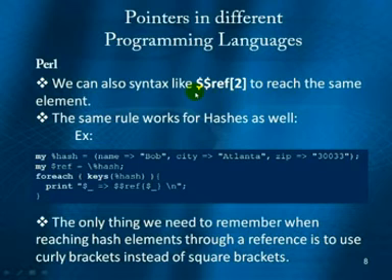Likewise, we can declare like this to reach the same element. The same rule can be applied for hashes as well. The following example illustrates that. Instead of using square brackets, we should use curly brackets to reach hash elements through reference.